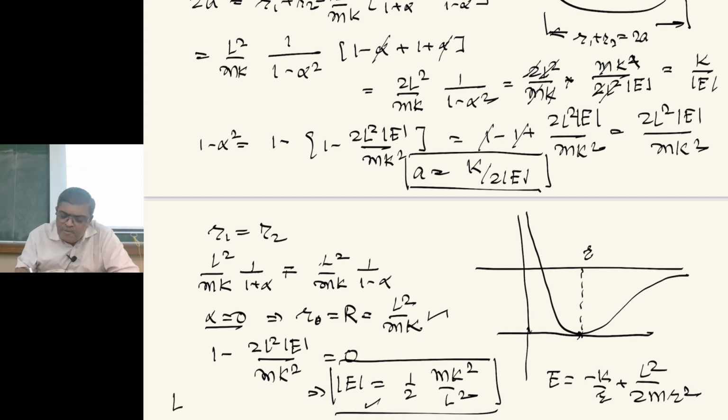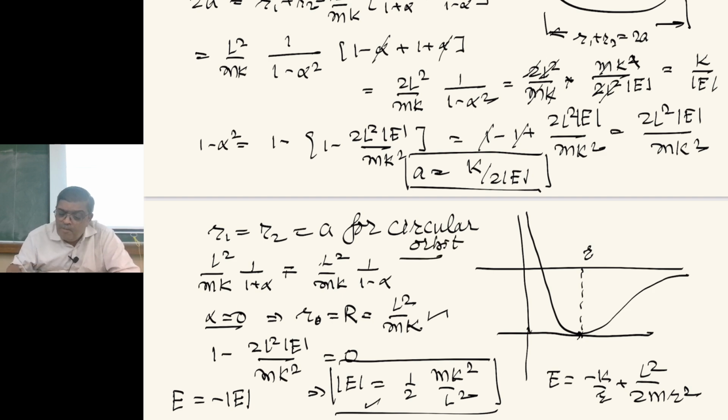So the energy, by the way, is equal to minus of modulus of E. So what we are determining here are the modulus of energies. So from this you can find out what is the total energy. The radius, yes, exactly, because both the terms are equal. So this is equal to A for a circle. So this is clearly a circular orbit.